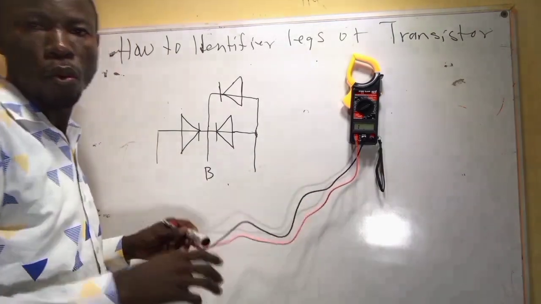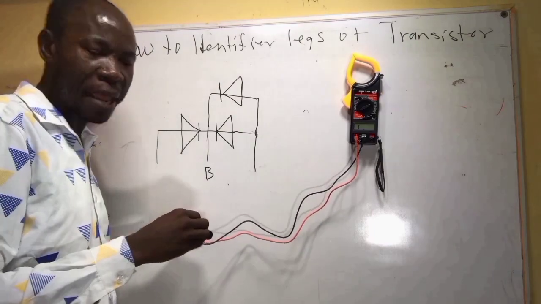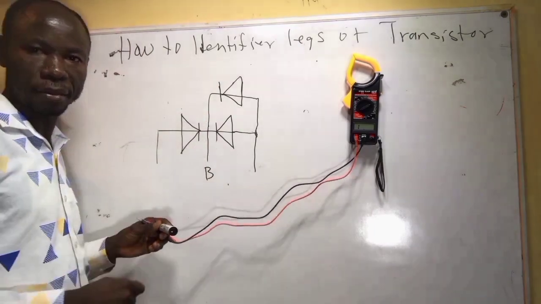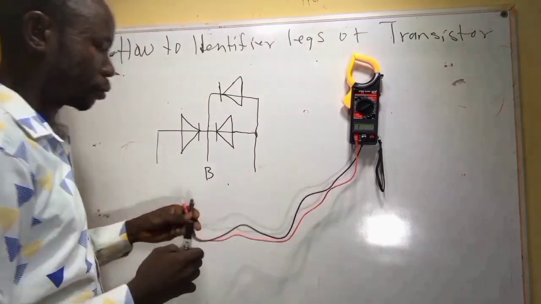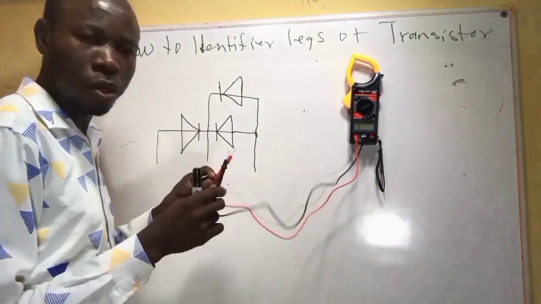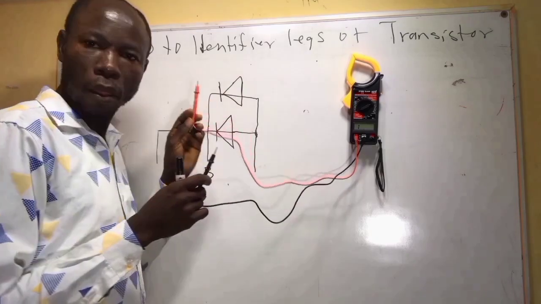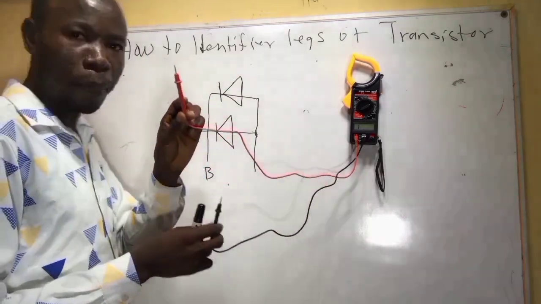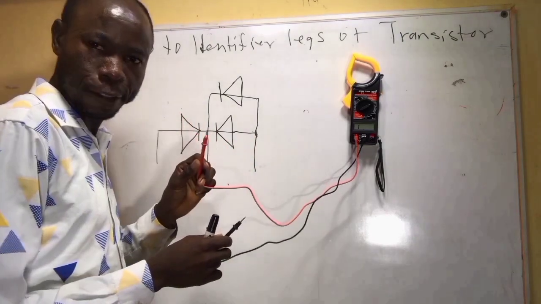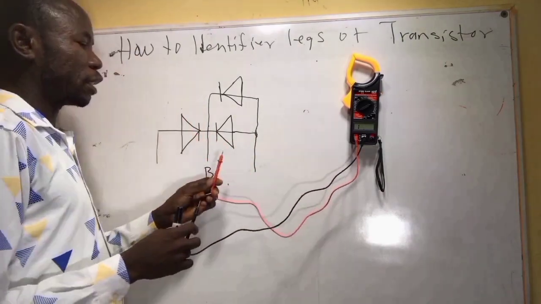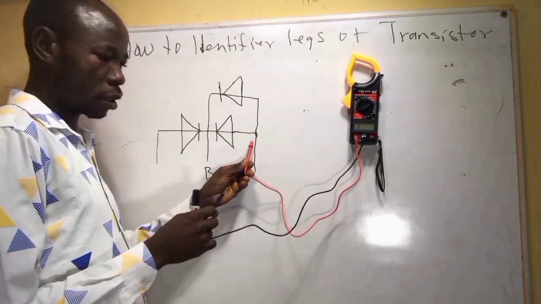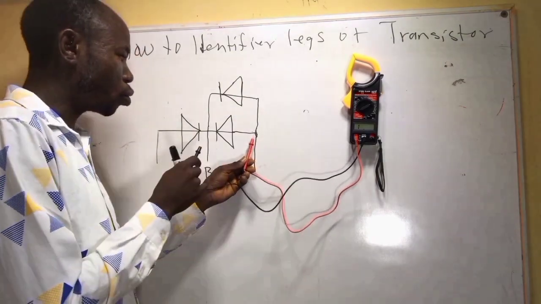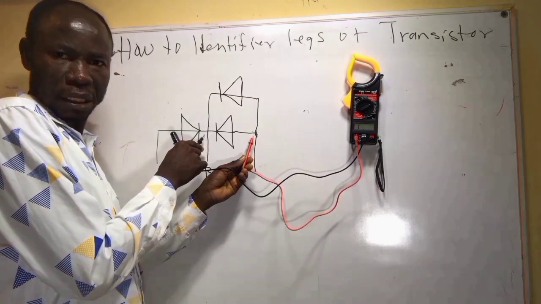So now we can identify which is the collector and which is the emitter. Okay. You use your ohmmeter to read. You place the positive to the anode, then the negative to the cathode.